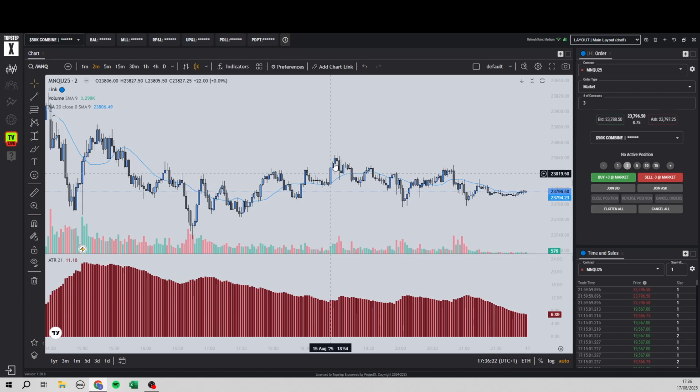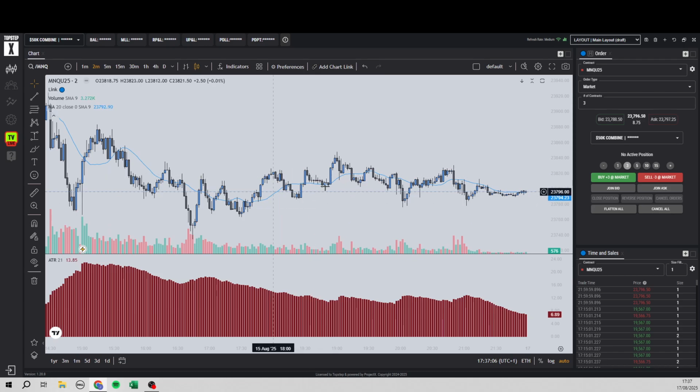If you know the average value of each of these candles for the past 21 candles, whatever time frame you trade in, if you know the average length of those candles, then it increases your chances of getting your take profit if your aim is the same amount of points that the average candle right now is making. So if the average candle here on the 2-minute time frame is making about 12, 13 points, my goal would be 12, 13 points.